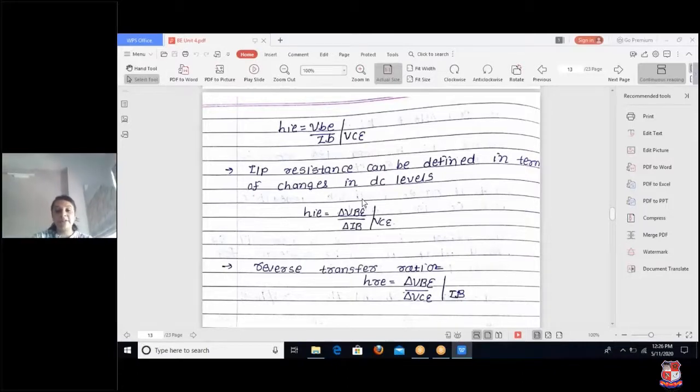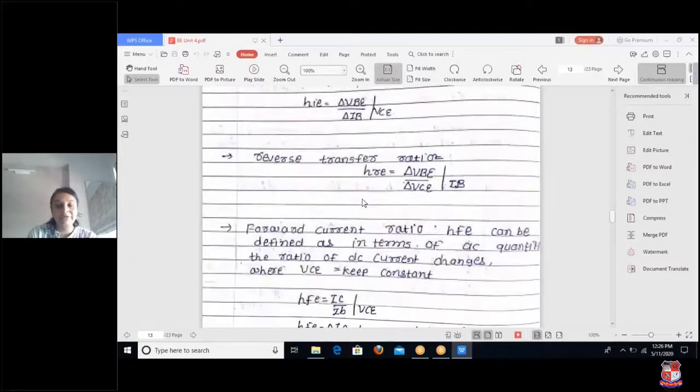Now what happens for the reverse transfer ratio? So HRE equals delta VBE upon delta VCE. What is delta VBE? Delta VBE is the change in input voltage. And what is delta VCE? Delta VCE is the change in output voltage whenever your IB current is constant.